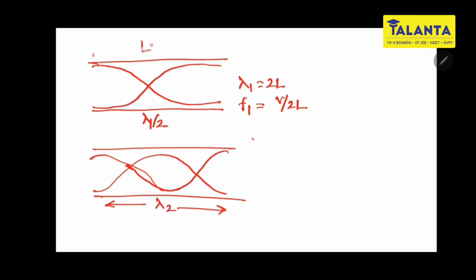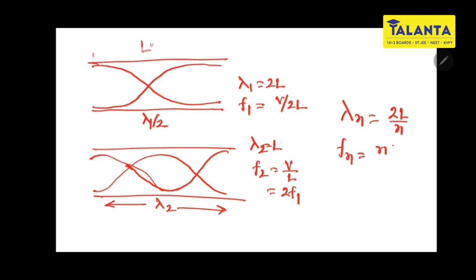Here lambda 2 equals L. That means F2 equals V by L, that equals 2F1, twice the fundamental frequency, that is second harmonic or first overtone. That means for the nth mode, lambda n equals 2L by n and frequency Fn equals n into F1, where n equals 1, 2, 3, etc.